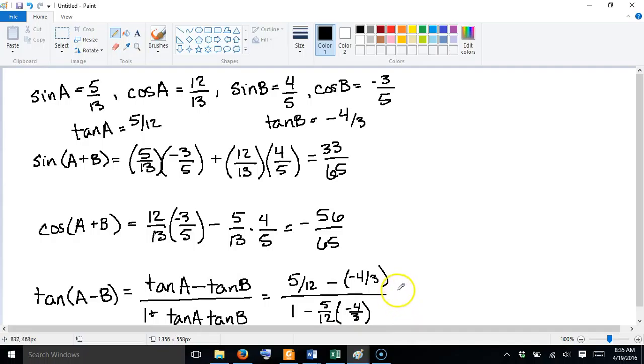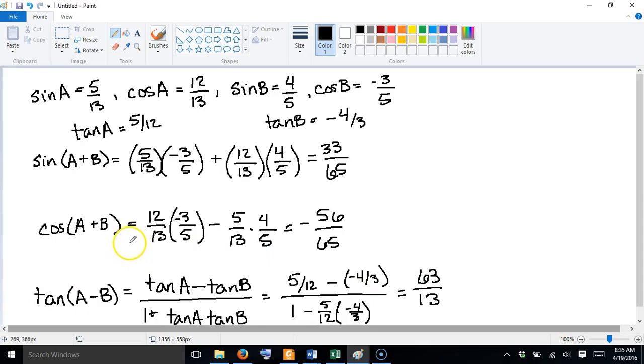Okay, now simplify this complex fraction down, and just to save time, I'm going to tell you it is 63/13. If you do not know how I got this value, let me know. I might show you before the test.